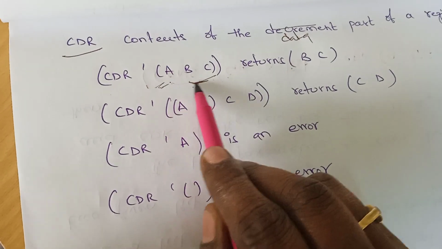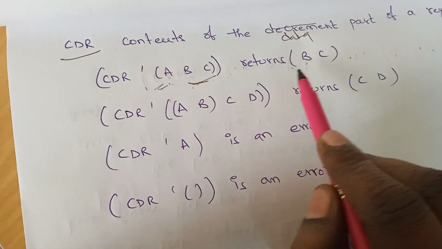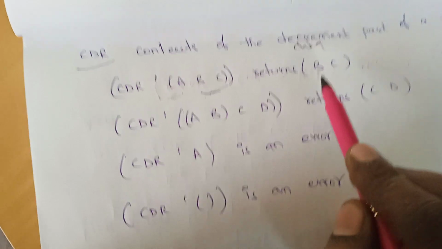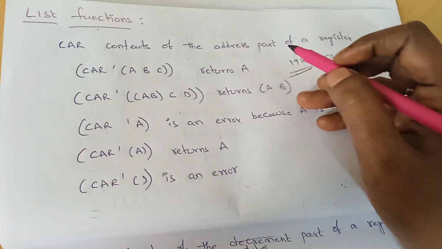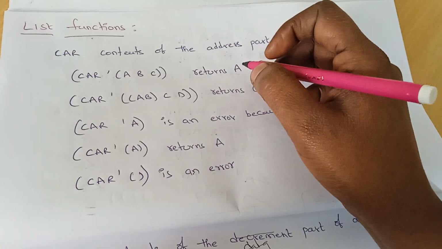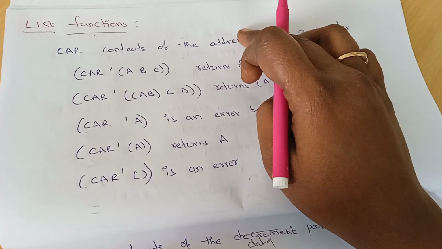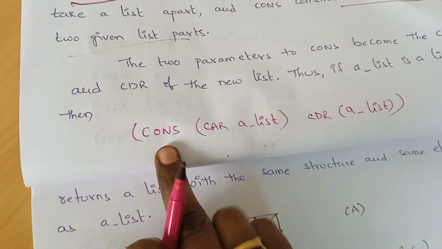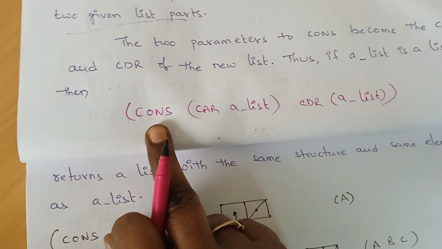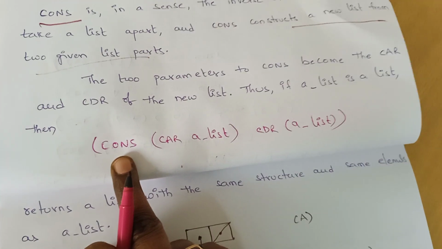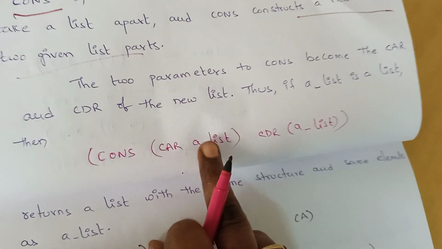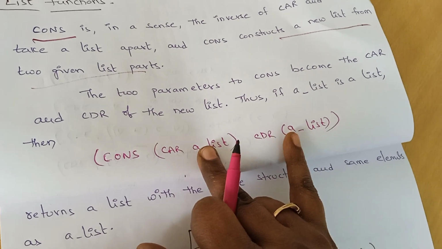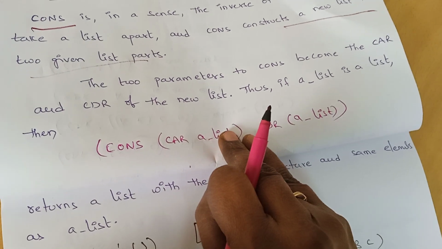When I pass a list to CDR, it returns one part out. If it is the address part, it will return the address part. If it is the data part, it will return the data part. As far as CONS is concerned, it will take CAR and CDR as a new list.